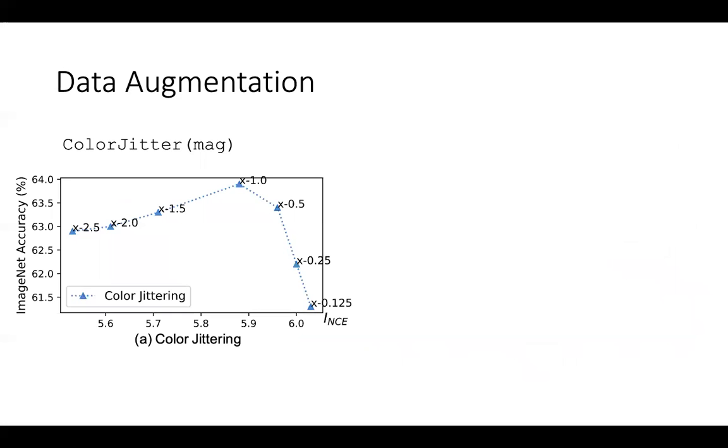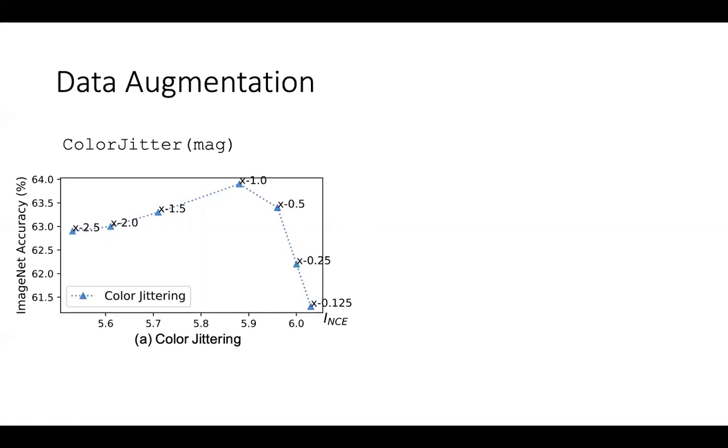And we also observe this reverse U-shape for data augmentation. For the most widely used data augmentation, color jittering, both the SimCLR paper and the MoCo paper somewhat tune the parameters. So we provide a full spectrum here.